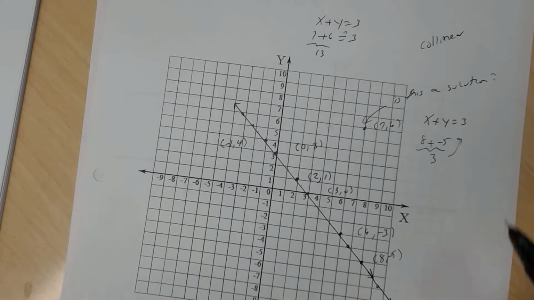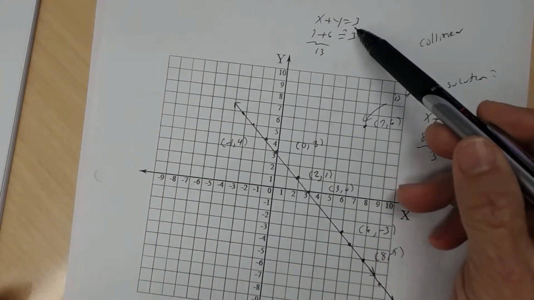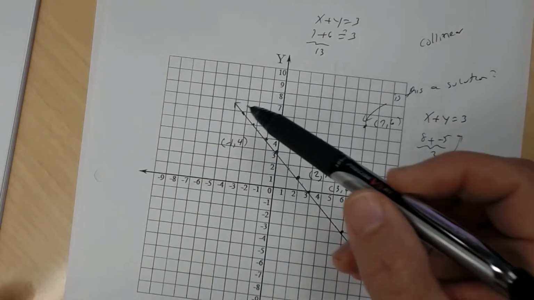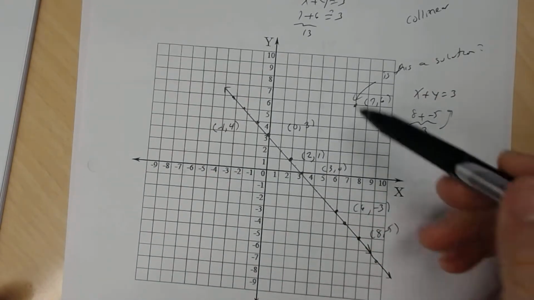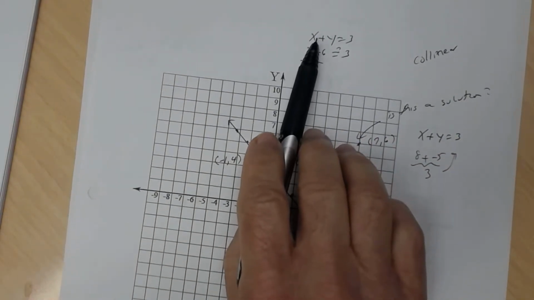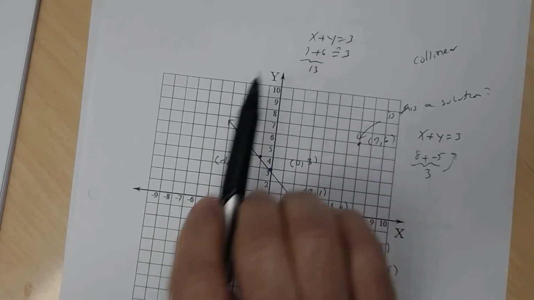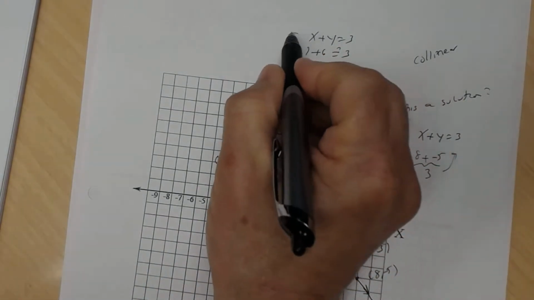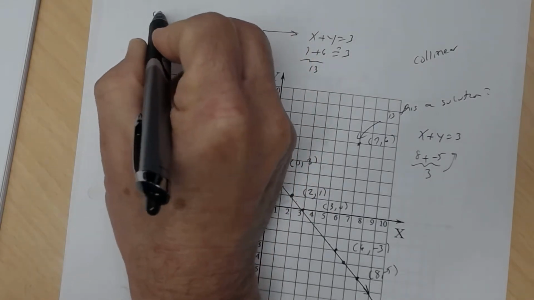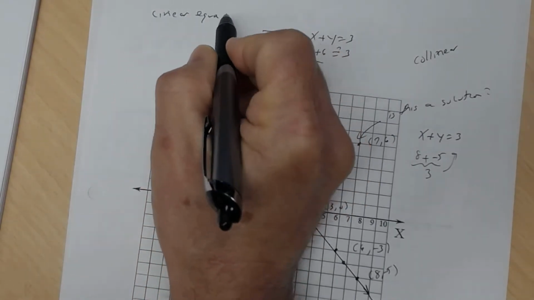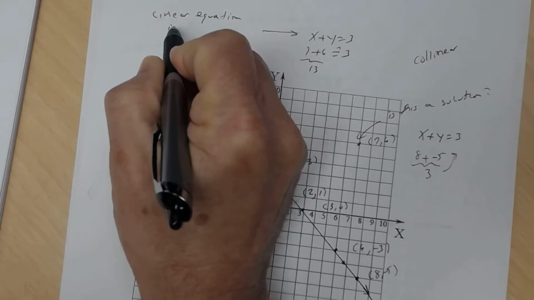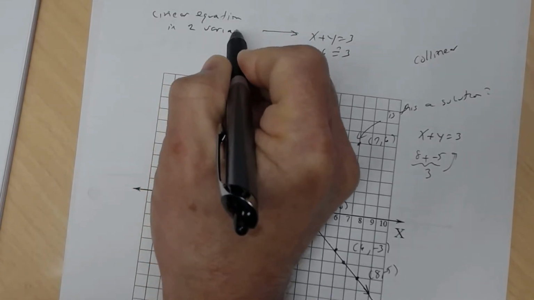We just said that x plus y equals 3 is a linear equation, and notice that there are two variables here. There's a variable x and a variable y. So this is called a linear equation in two variables.